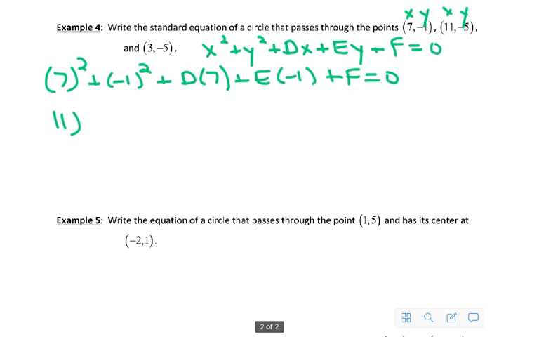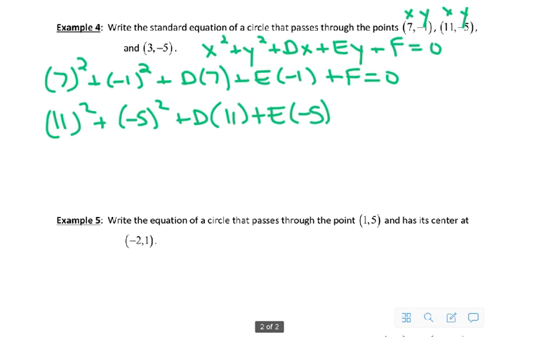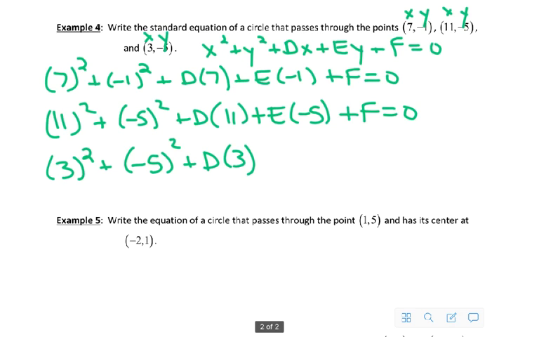So it's going to be 11 squared plus negative 5 squared plus d times 11 plus e times negative 5 plus f equals 0. My third equation, I'm going to plug in 3 for x and negative 5 for y. 3 squared plus negative 5 squared plus d times 3 plus e times negative 5 plus f equals 0.